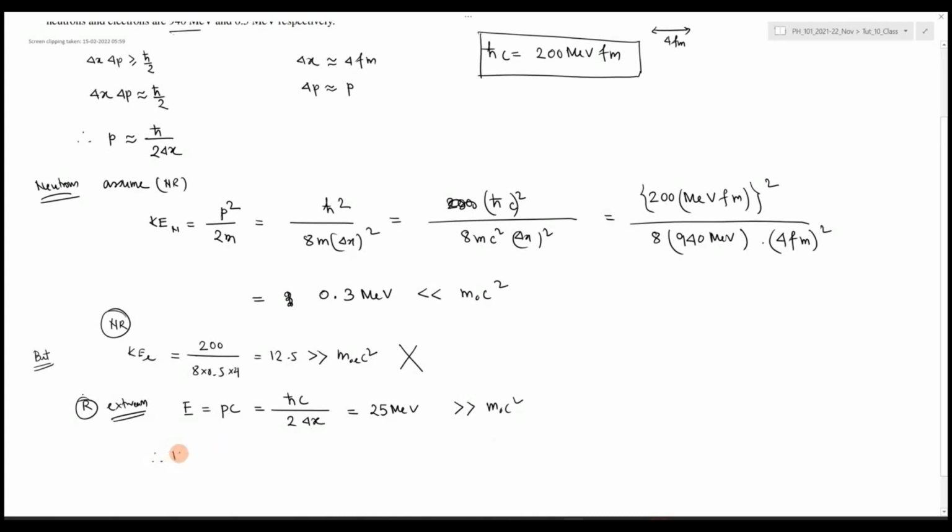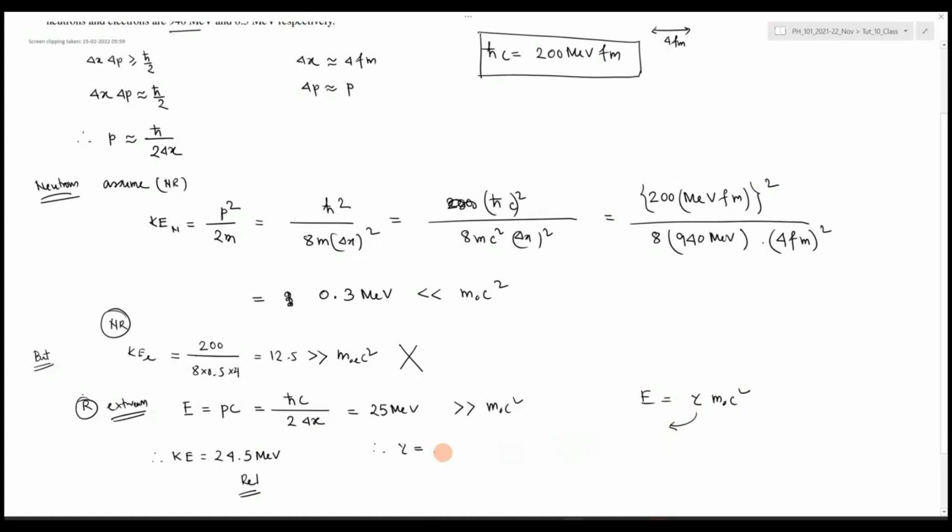So from here, if you find the kinetic energy, you will get that the kinetic energy is actually 24.5 MeV. That means this is a relativistic particle. And if you find the velocity corresponding to this, write this energy as gamma m naught c square.